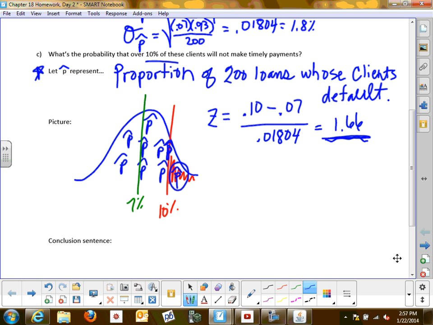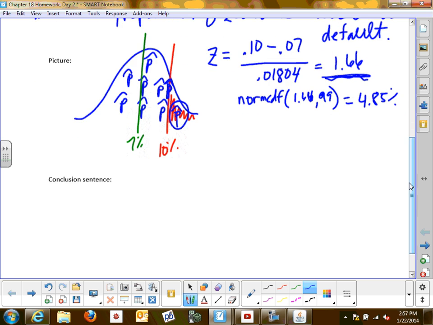Then of course we do our normal CDF on that, and we get 4.85%. So if I write this with the correct notation, the probability that I get a sample proportion that has greater than 10% default is 4.85%.